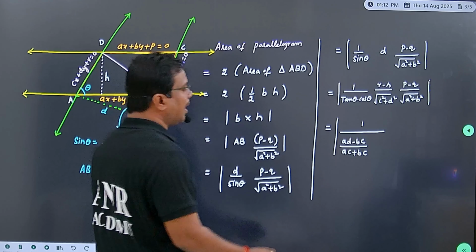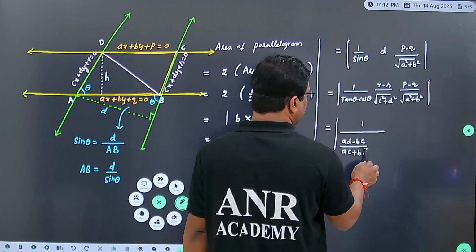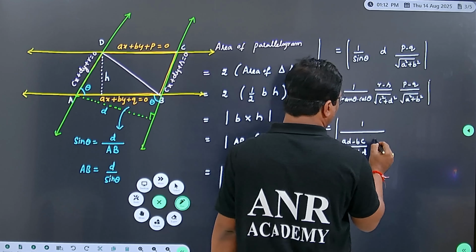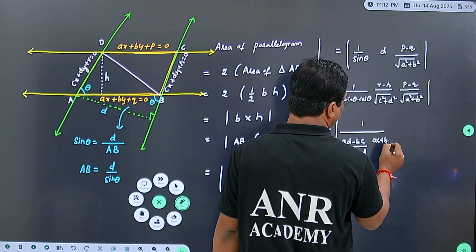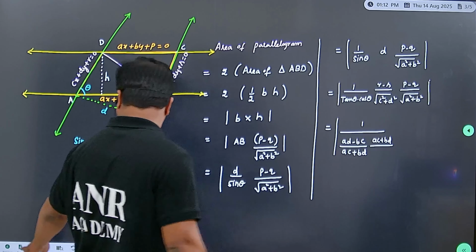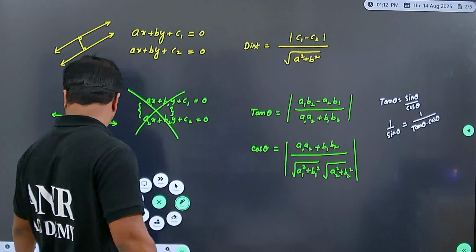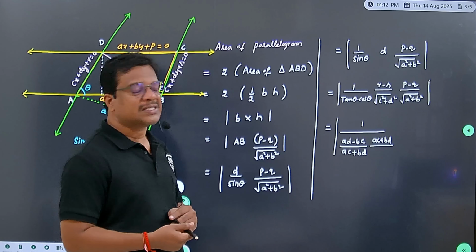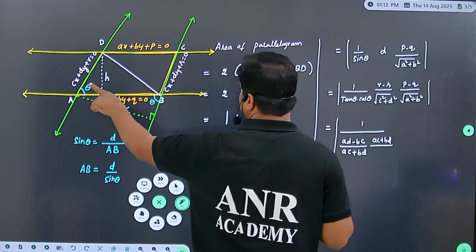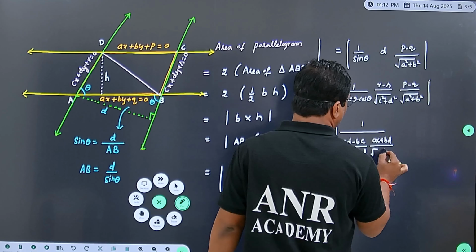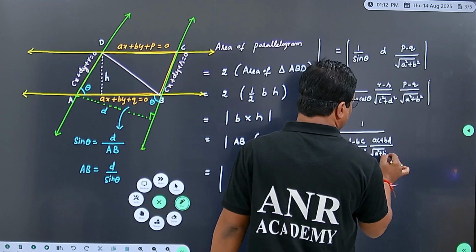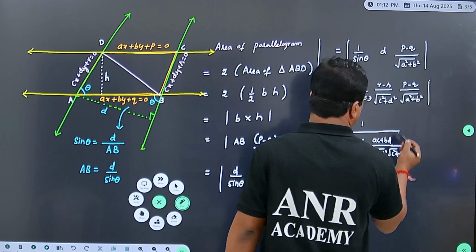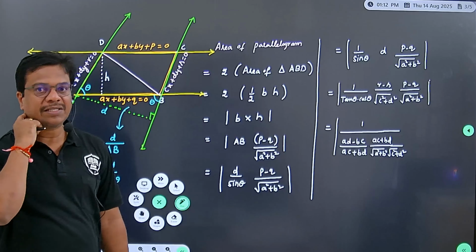Yes, the tan theta denominator here is ac plus bd. The same here, cos theta numerator is ac plus bd divided by, see in the denominator part what you have, root over the sum of squares of the coefficients of x and y: one is root over a square plus b square and the other root over c square plus d square. So this is the 1 by tan theta into cos theta result.